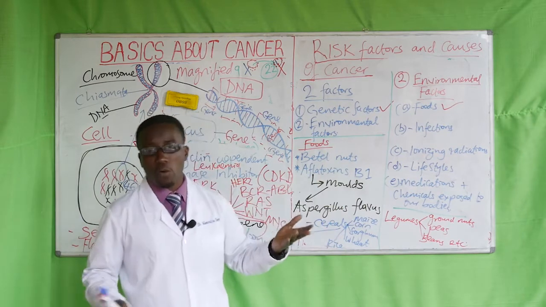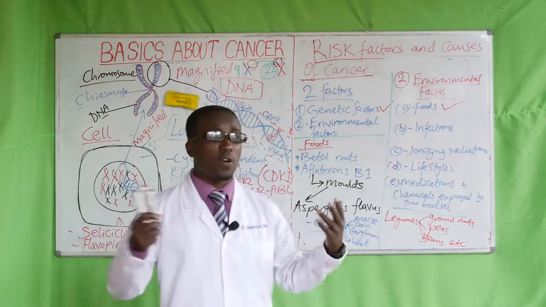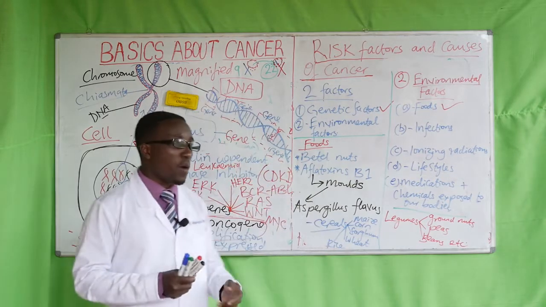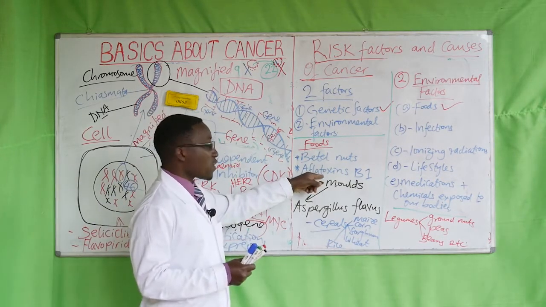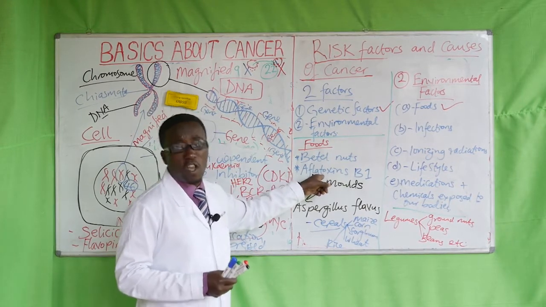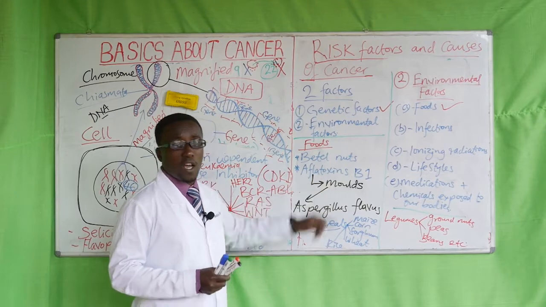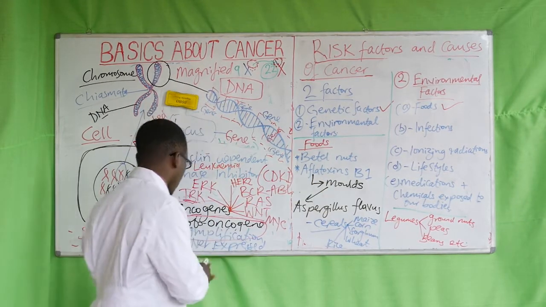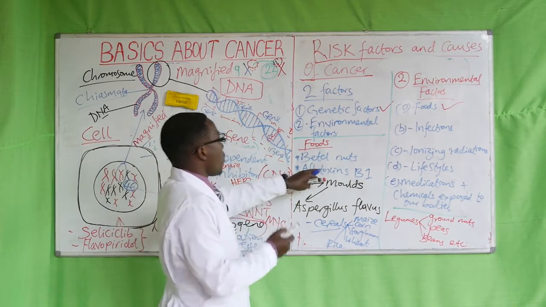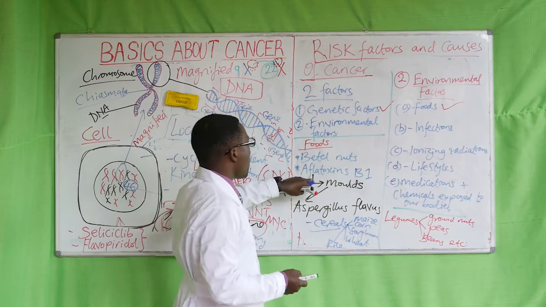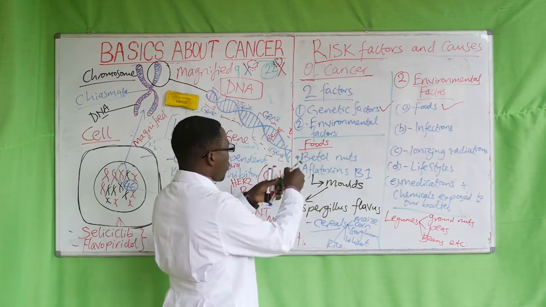Then we keep on eating those products like that, and eventually the aflatoxins become high in our blood, and they start the process of carcinogenesis. So when we talk about these chemicals, these aflatoxins, we are referring to carcinogens.